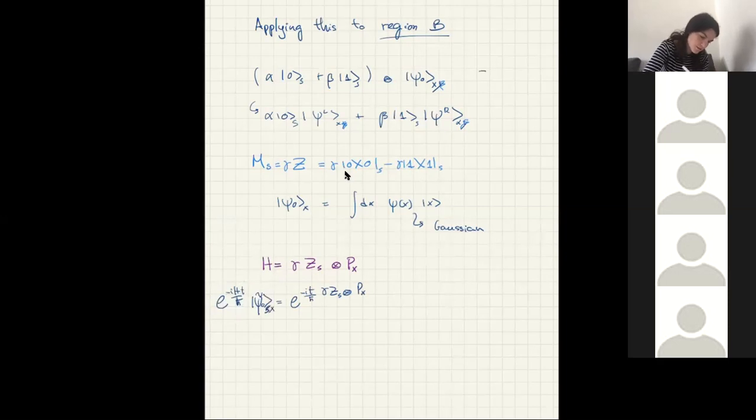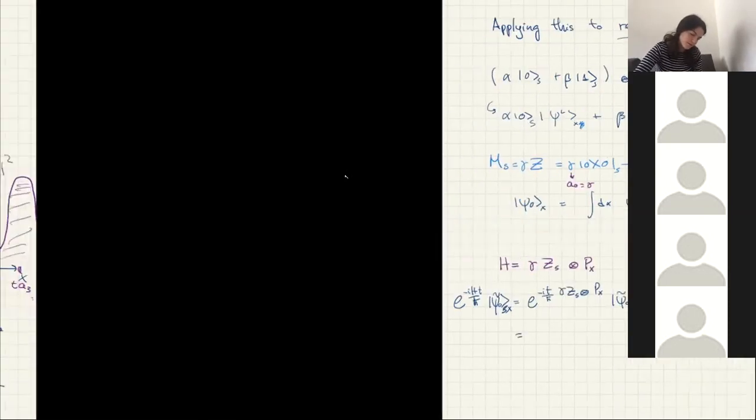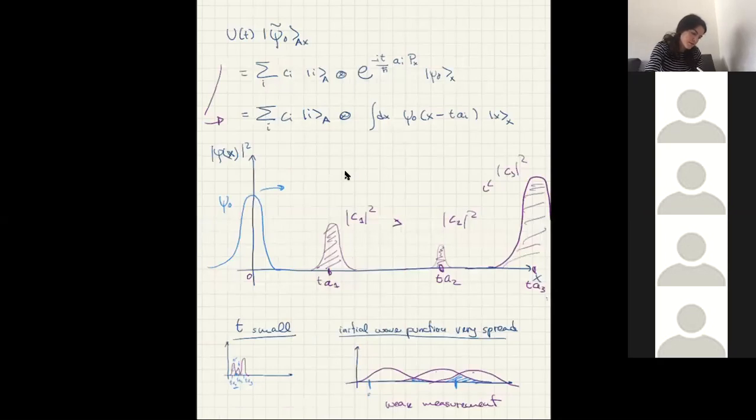Note that this is our A0, and minus gamma is our A1, for our observable. So then we really just apply this formula here.